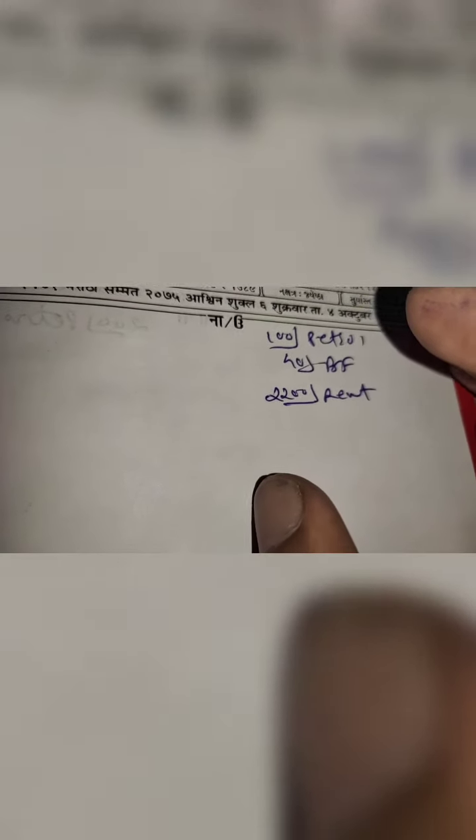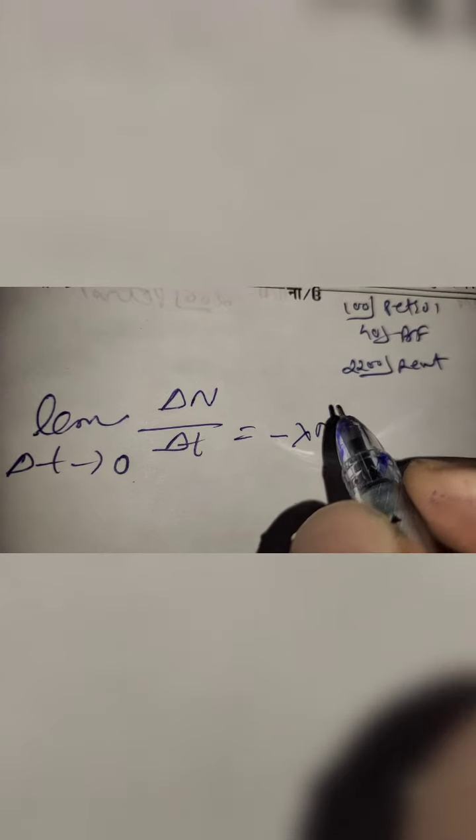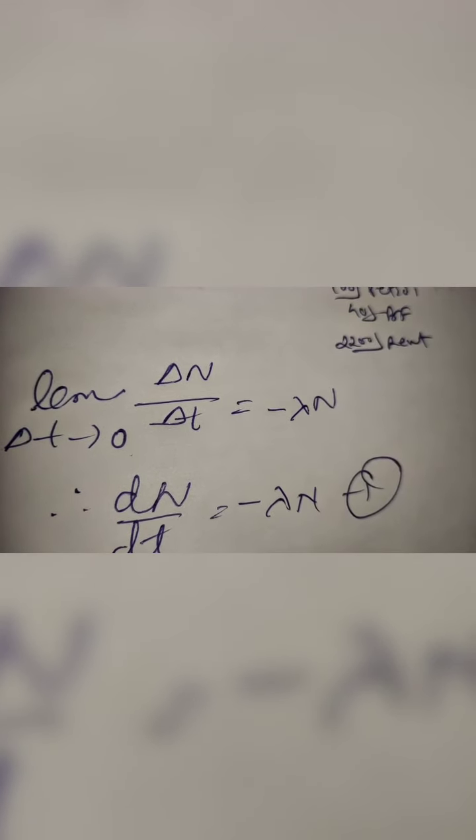If the period delta t tends to 0, in the limit delta N by delta t is equal to minus lambda N, then dN by dt is equal to minus lambda N. This is equation number 1, where dN is the change in N nuclei, which may be positive or negative.